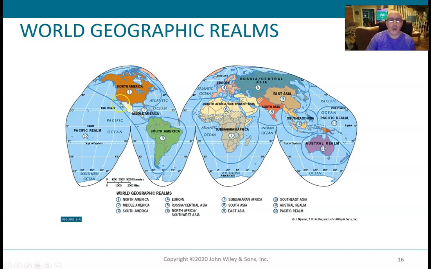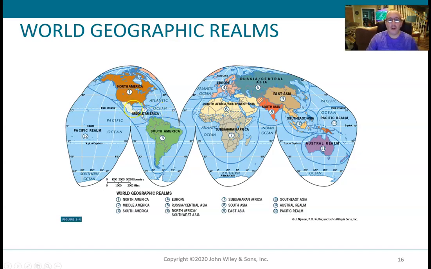You see here, when I was in school in North America, of course, where we're located, you should know that from high school. So right now, we have the North American realm, but you see only Canada and the United States are included in that. When I was in school, we would have studied North America as Canada, United States, Mexico, and Central America, all the Central American countries. But now, that's the Middle American realm.